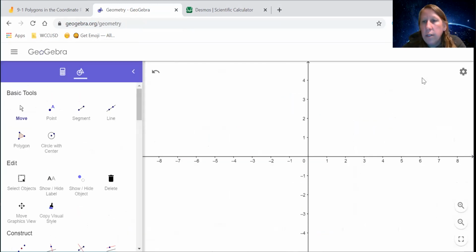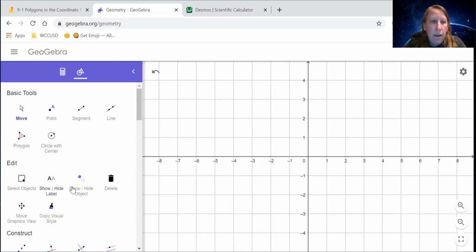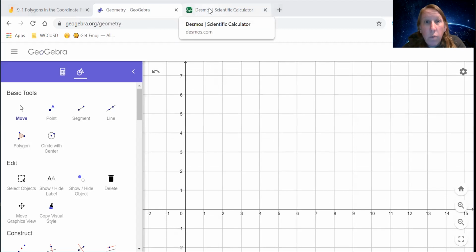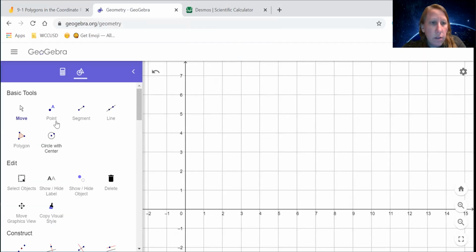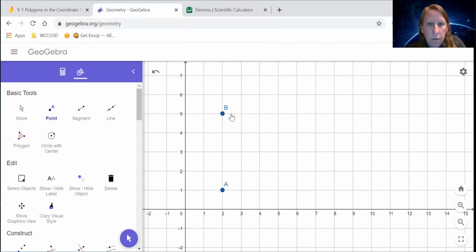Okay, start a new one. So I'm going to turn on algebra. And it looks like they were really nice and put everything in quadrant 1 for us. And we got 2, 1 and 2, 5. I'll do those two first. So I need a point at 2, 1, and I need a point at 2, 5.